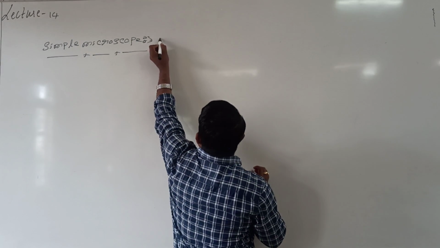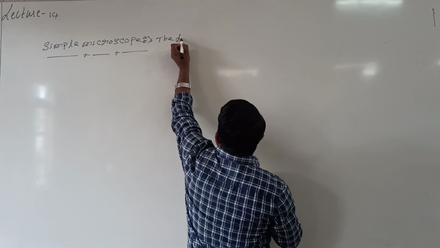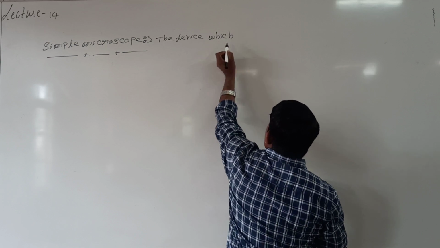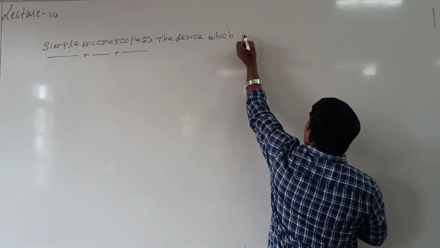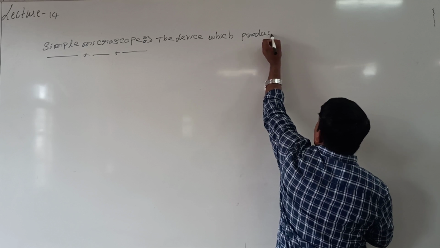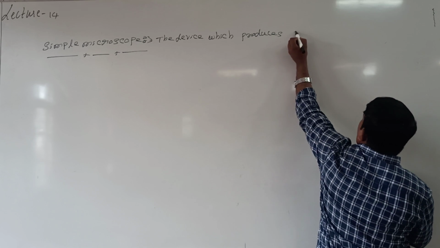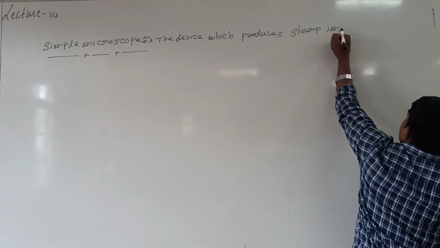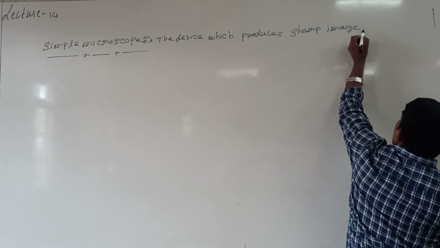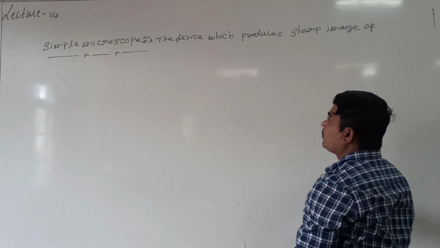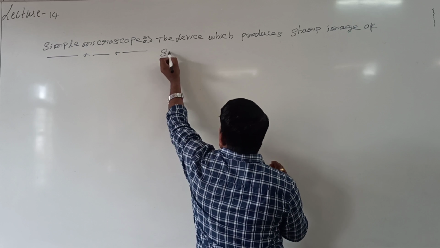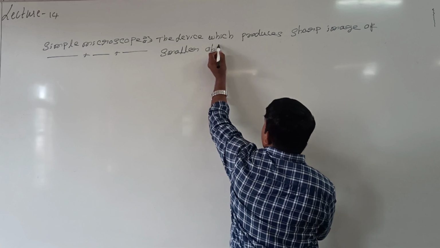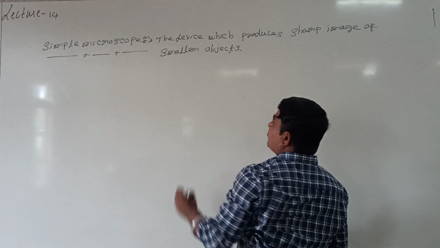The optical instrument or the device which produces a sharp image of smaller objects, that we are calling a simple microscope.